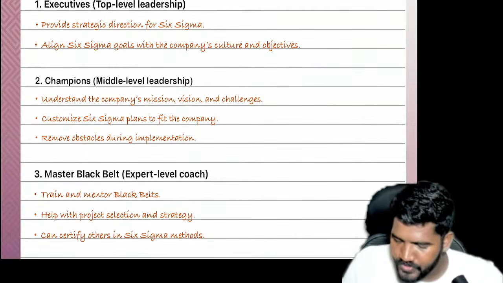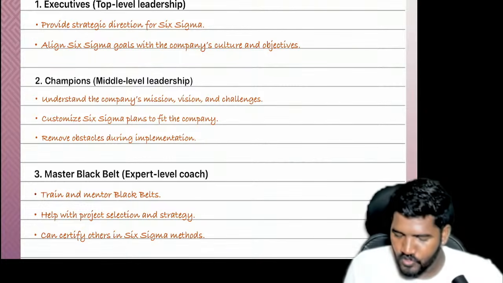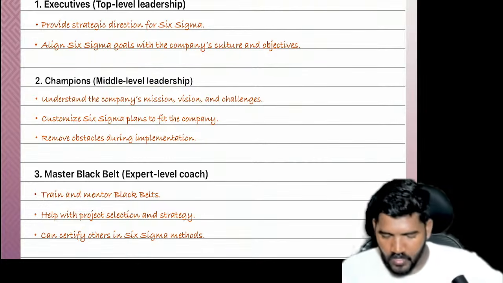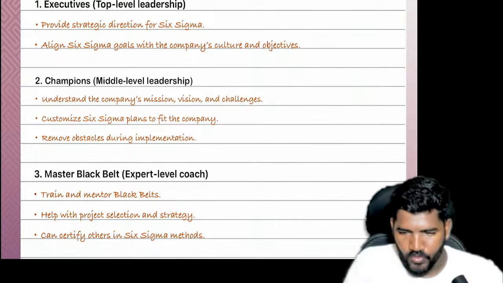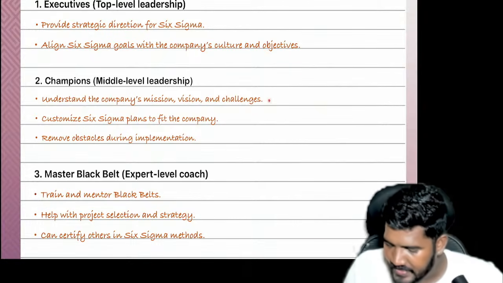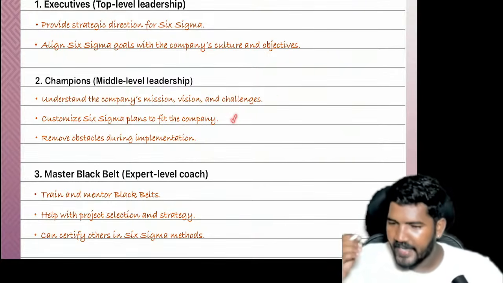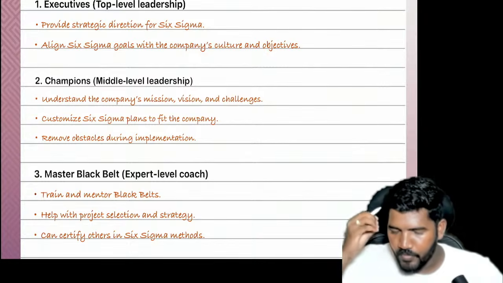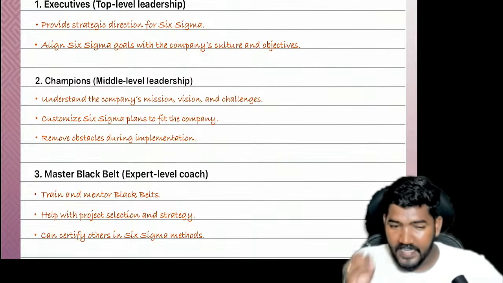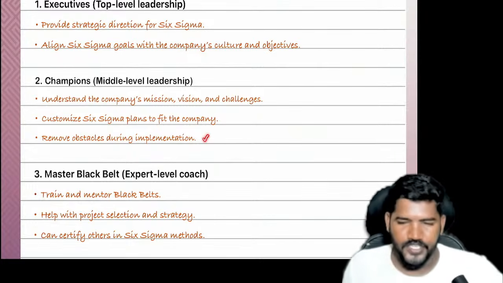After executives, there are the persons called champions, middle-level leadership. Champions' work is to understand the company's mission, vision and challenges, and customize the Six Sigma plan to fit the company. Executives only said we are implementing Six Sigma; champions create a plan for that and remove obstacles during the implementation.